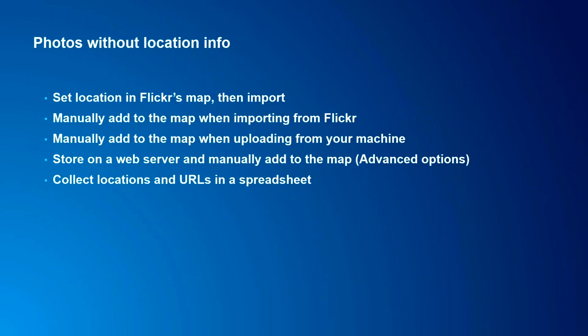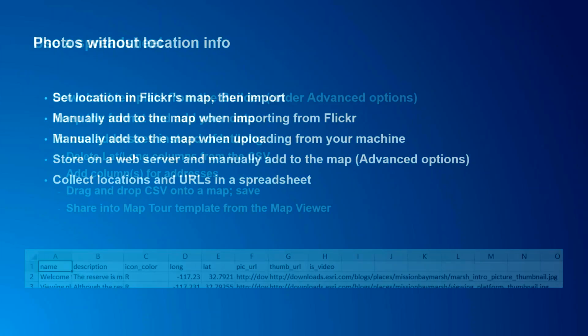And then the final option is it might be easier to actually collect all of your locations into a spreadsheet. So if you know that the member visited all these different addresses of these businesses, and that's where you want to place your points, you might find it easier to collect all that information into a spreadsheet. You'll also need the URLs to your photos wherever they're stored. But this could be a good alternative if you've got a lot of photos to add, for example.